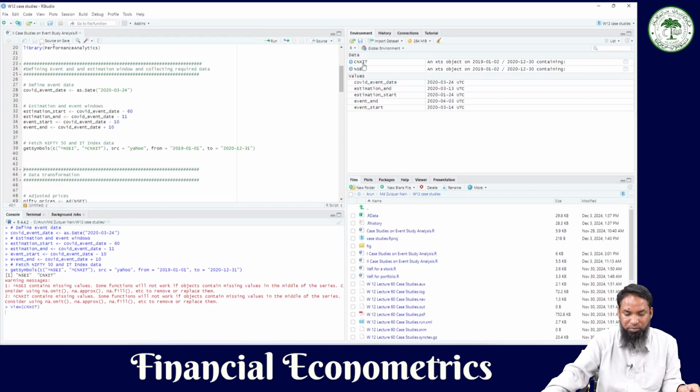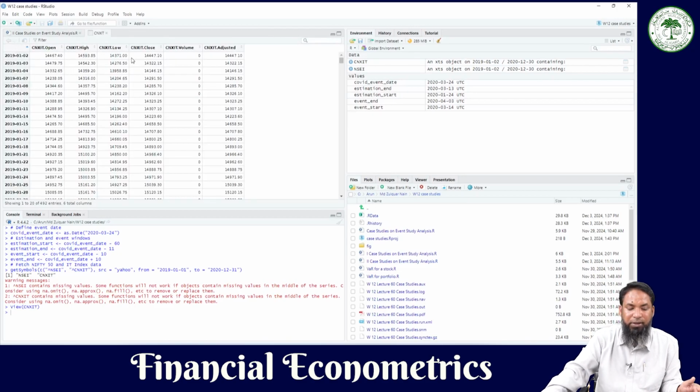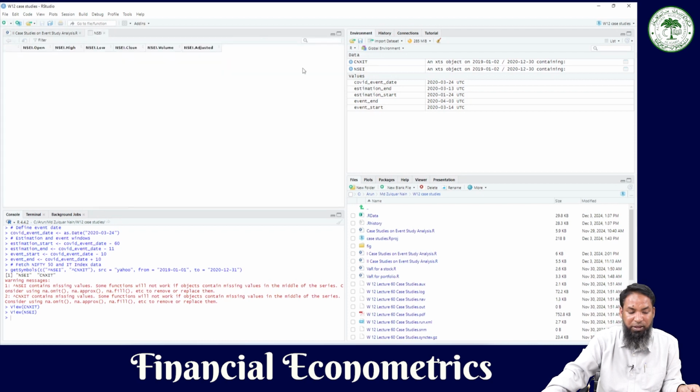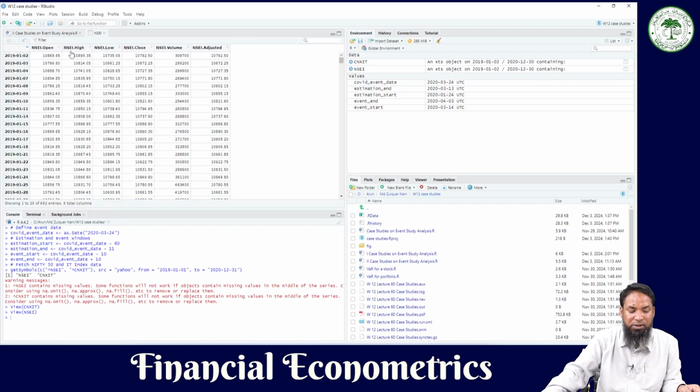Here we can see both the IT and Nifty data. Again, we have the open price, the high for that day, the low for that day, the closing price of that day, the volume, and the adjusted price. Similarly, for the Nifty 50, we have the opening price, high price, low of the day, closing prices, volume of the trade and the adjusted price.